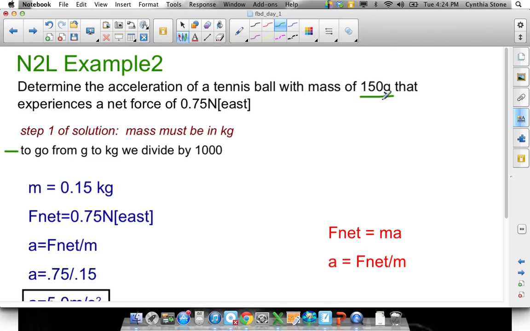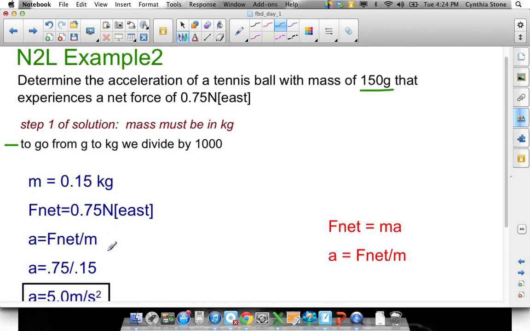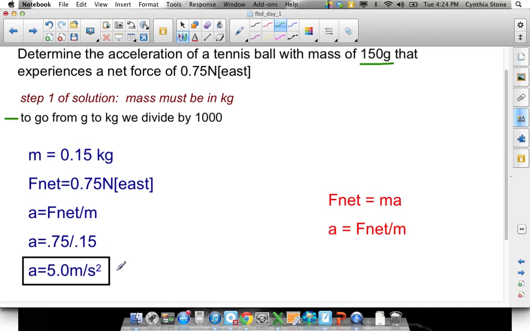So taking 150, dividing it by 1,000, you end up with 0.15 kilograms. Okay. F net, we're looking for acceleration. It's just a straight divide, 5 meters per second squared, and I'm going to check mark that because, as I told you before, a good acceleration is generally between minus 10 and 10. Not always, but generally.